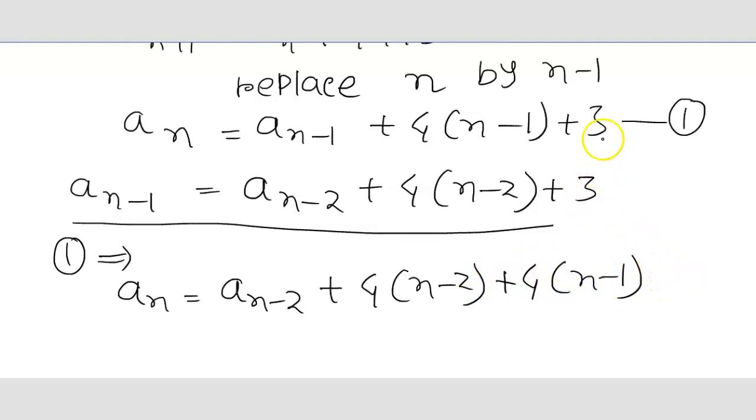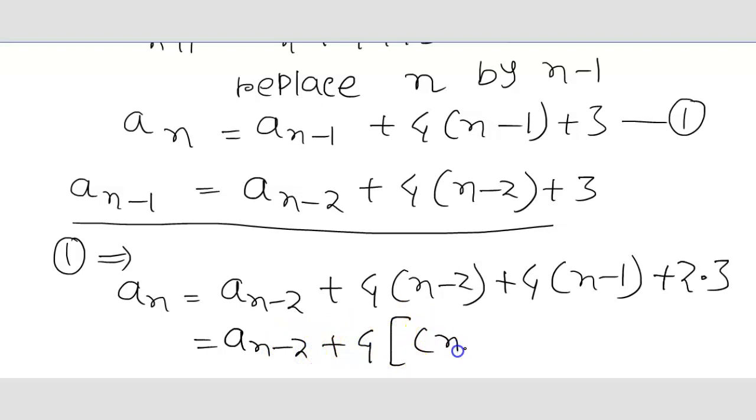And see, here is a 3 and here is a 3, so there are two 3s, so 2 into 3. And we can make some little adjustments too. We can take 4 common and make these little adjustments. So 2 into 3.